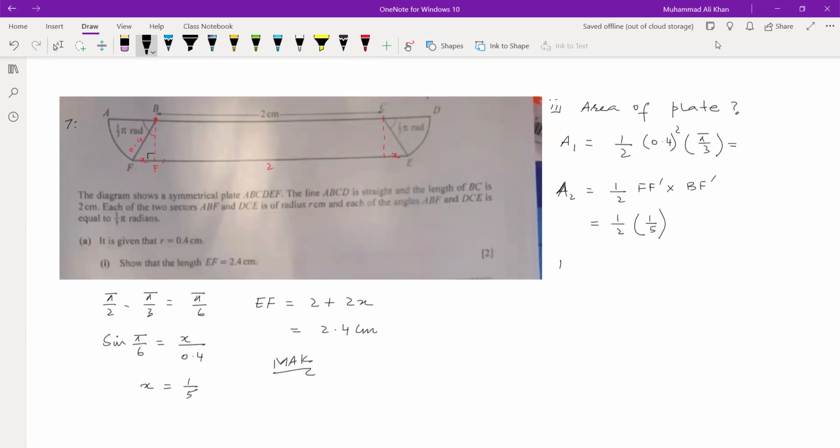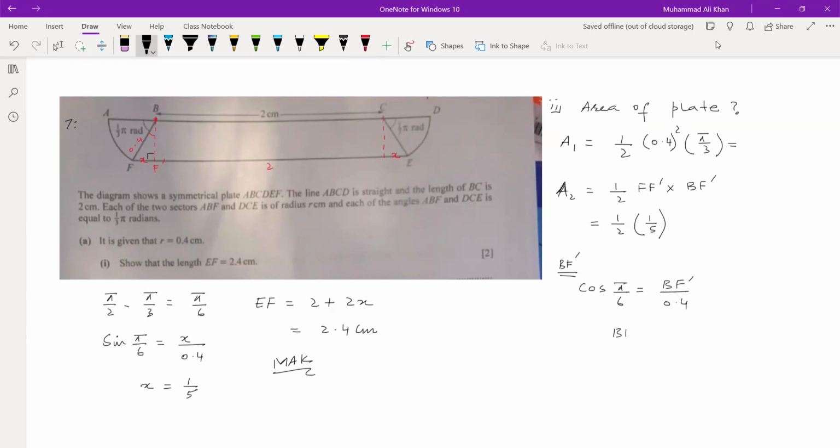But we don't have BF dash. For BF dash, I'm using cos theta. Cos pi by 6 equals adjacent over hypotenuse, which is 0.4.